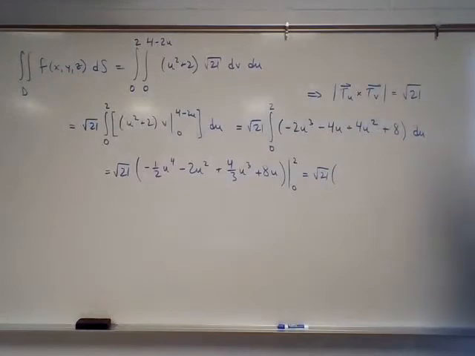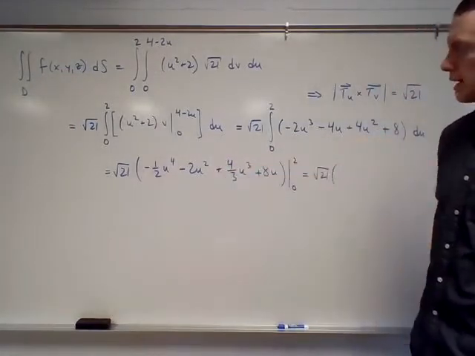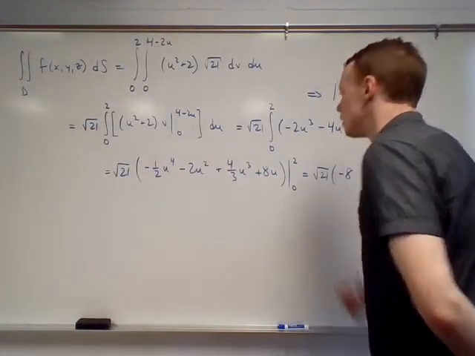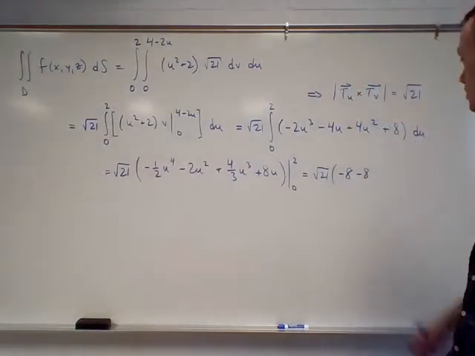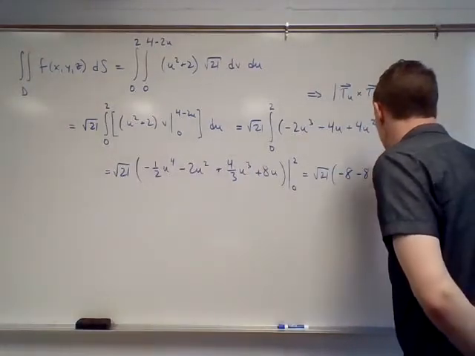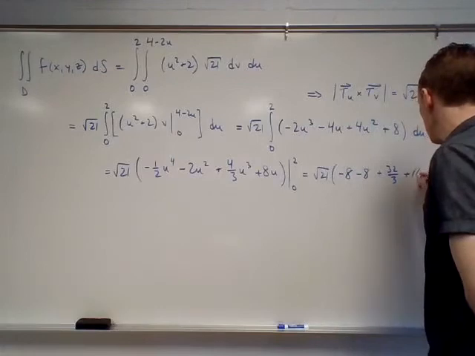So we have the square root of 21 times negative 1/2 times 2 to the 4th is a negative 8, minus another 8, plus 4/3 times 8 is 32/3, and then plus 16.